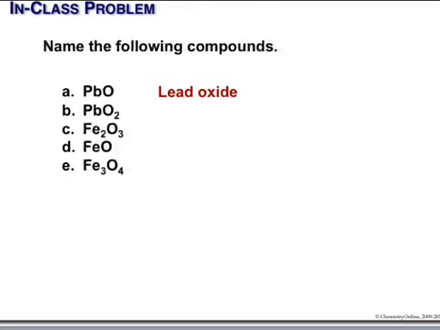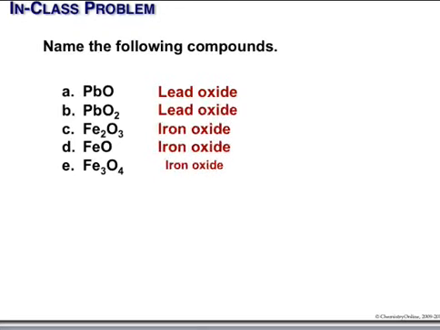Now, remember we don't use multipliers, do we? No. So, what's this next one called? Well, that's lead. That's oxygen. That's lead oxide 2. This is iron. That's oxygen, right? So this is iron oxide.